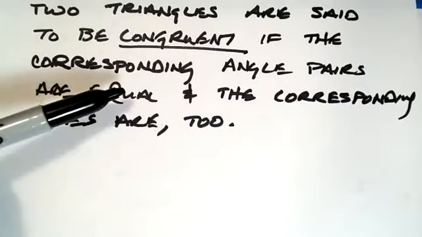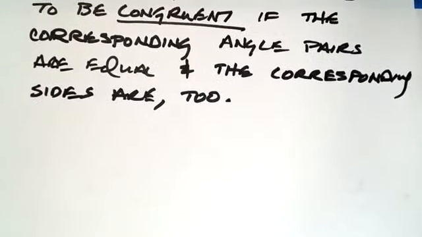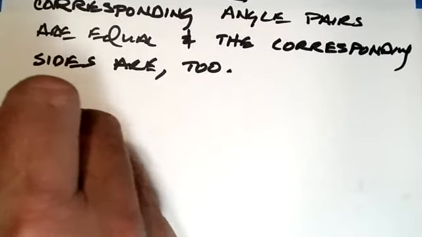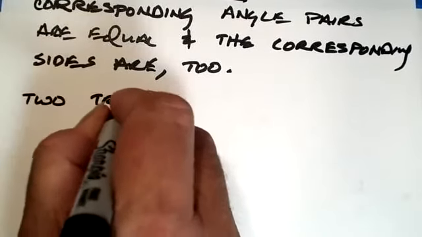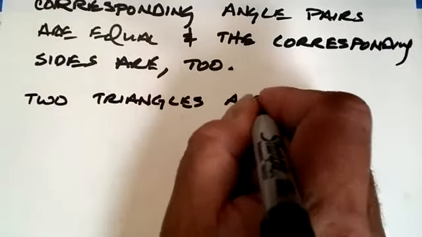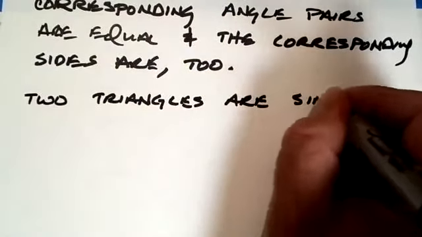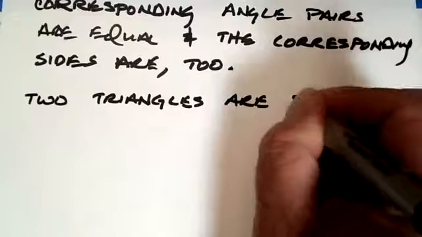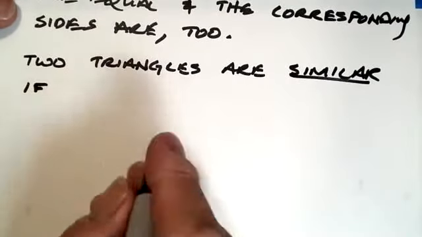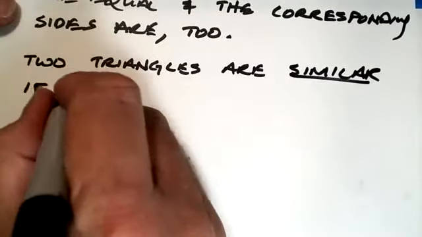Anyway, congruence is a stronger statement than the next one, which I'm going to pull out, which is to say that two triangles are similar if the corresponding angle pairs are equal.